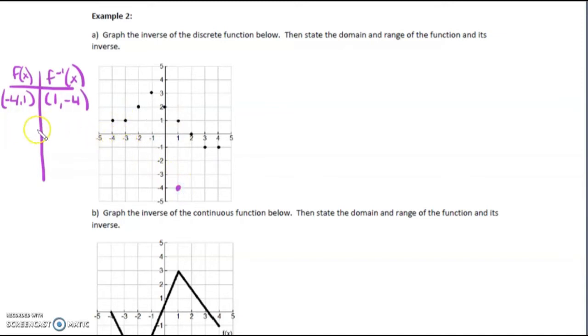Then -3, 1 is going to map onto 1, -3. Then -2, 2 is going to map onto 2, -2. Then -1, 3 is going to map onto 3, -1.